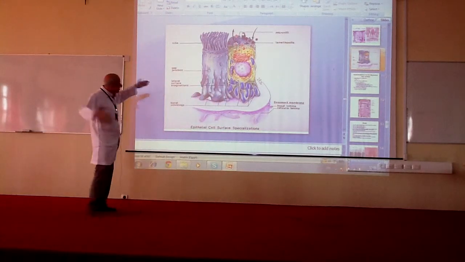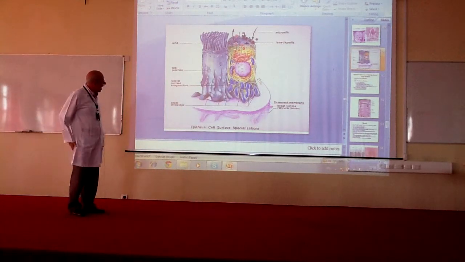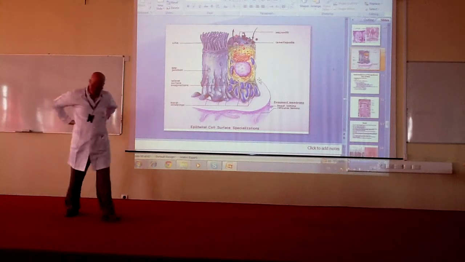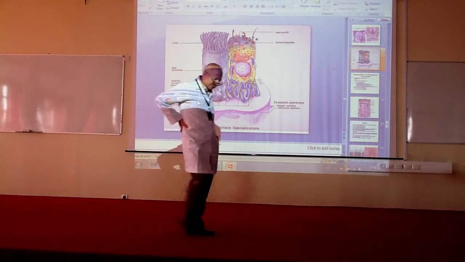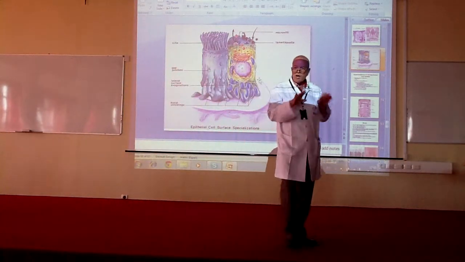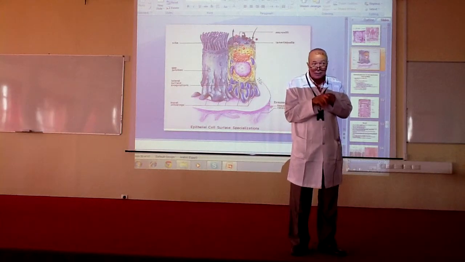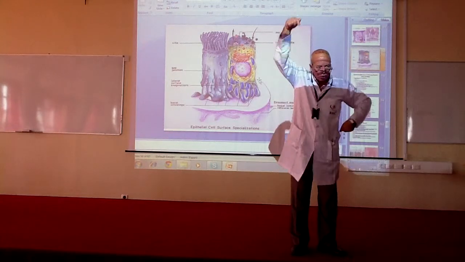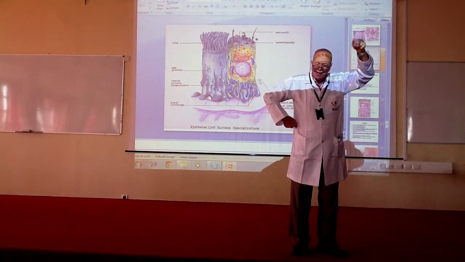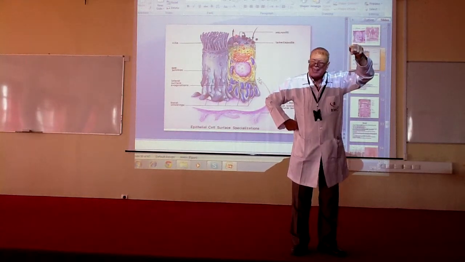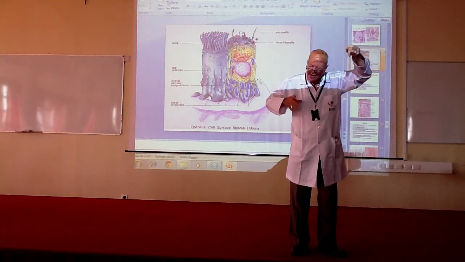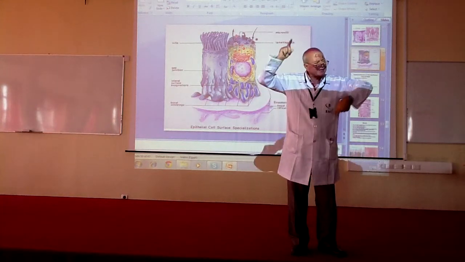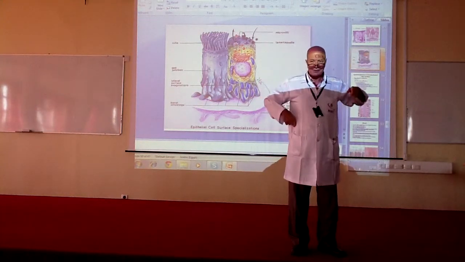Number 3, side modifications, which are cell junctions. What are the types of cell junctions? Occluding junctions: we close the space between the cells to prevent passage except through the cytoplasm, so the cell allows only selected substances to pass.